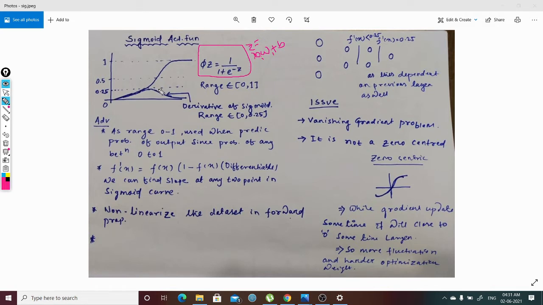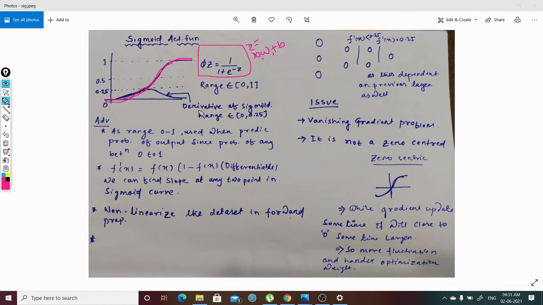The range of the sigmoid function, as you can see in this graph, is 0 to 1. This is the sigmoid graph that we get.